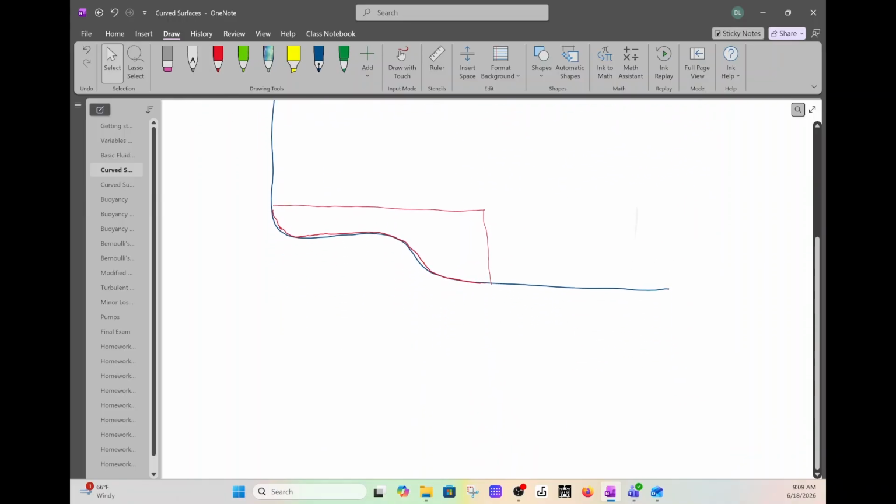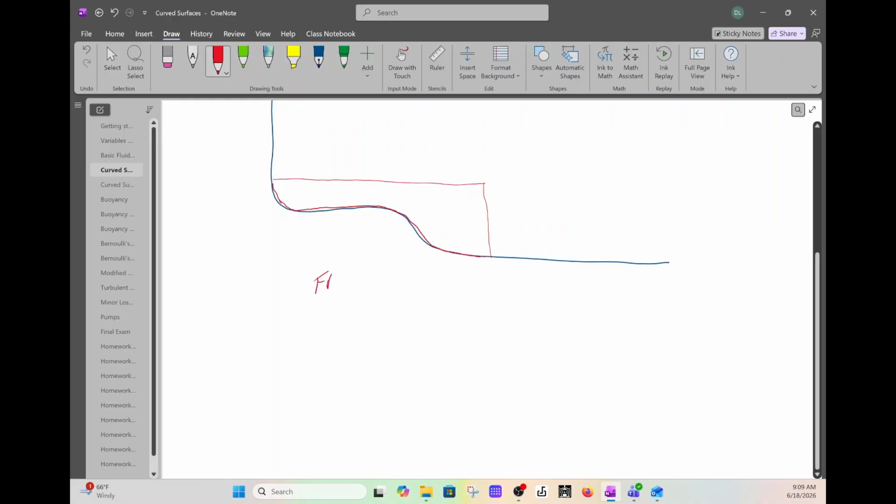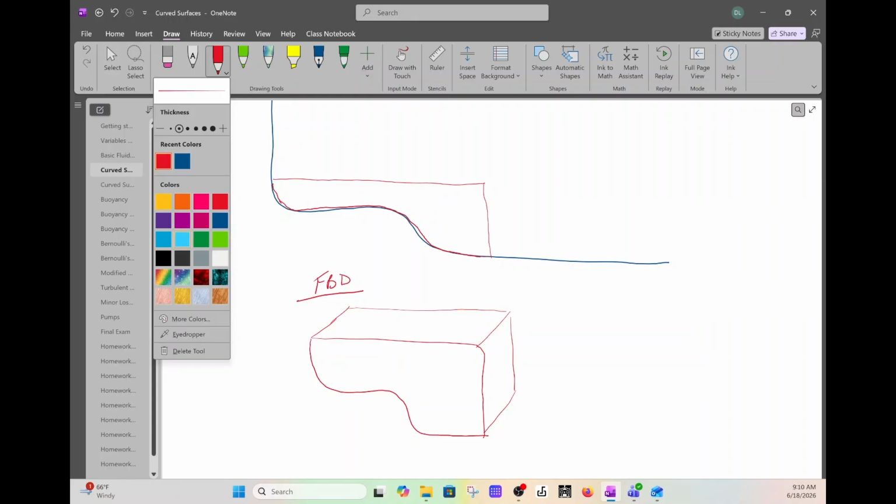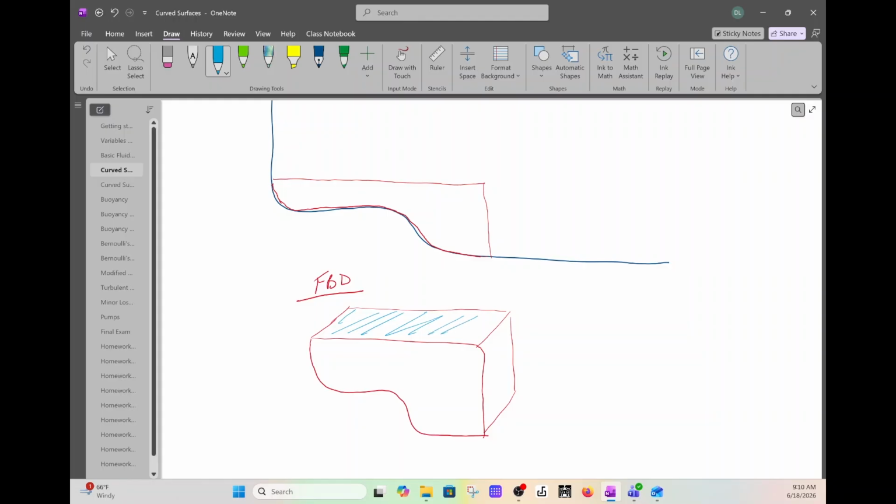Okay, so we're going to do a free body diagram on this. If I redraw this shape, it kind of goes back like this, right? What we need to do is calculate a force on this surface.